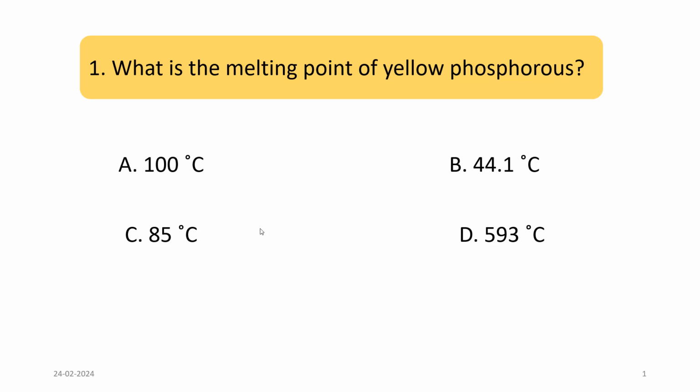If you know the answer, you can say what is the melting point for yellow phosphorus. Phosphorus is a plant nutrient which is used for production of phosphoric acid. There are two kinds of phosphorus, yellow phosphorus and red phosphorus. Here I have asked about the melting point for the yellow phosphorus.